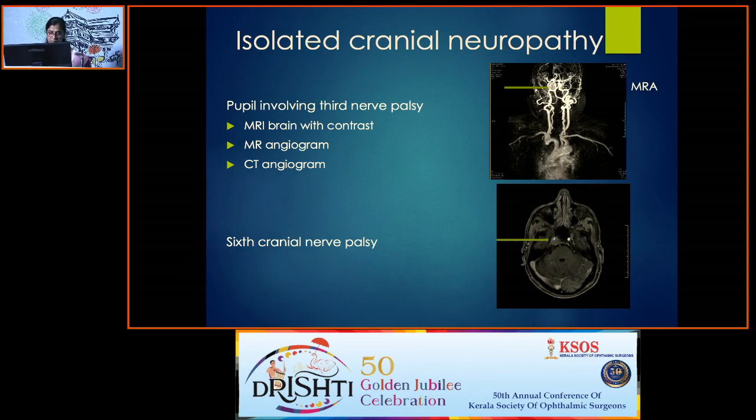In aneurysm, we have to diagnose or intervene before the aneurysm ruptures, so we have to be very vigilant in these situations. In the second picture, the patient presented with 6th cranial nerve palsy, and you can see the enhancing lesion around the optic nerve on the right side.